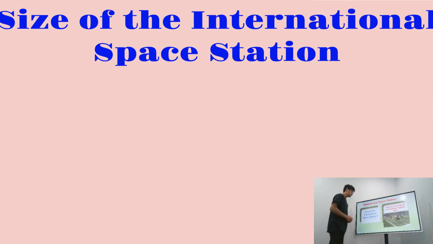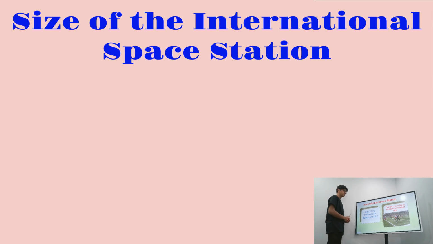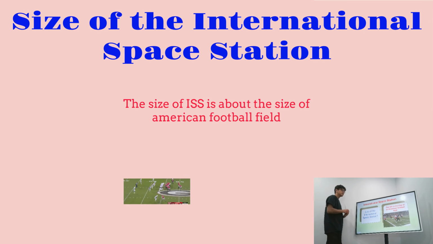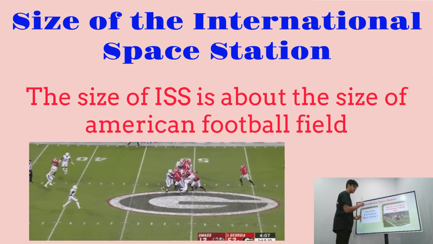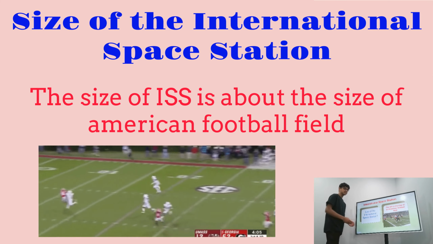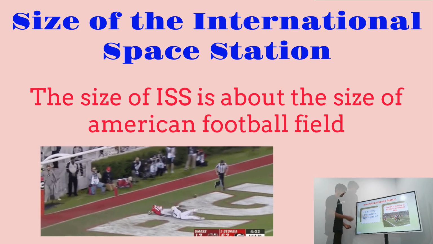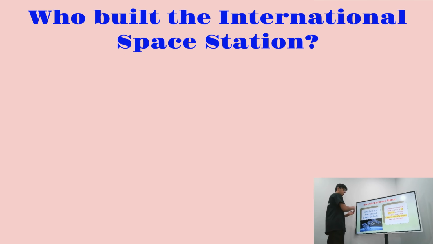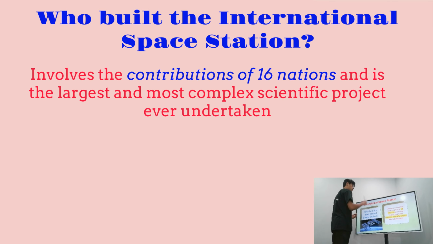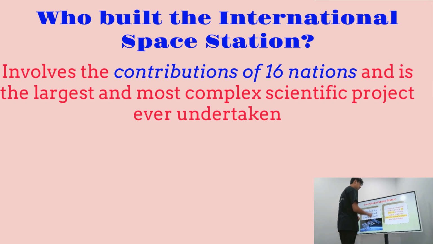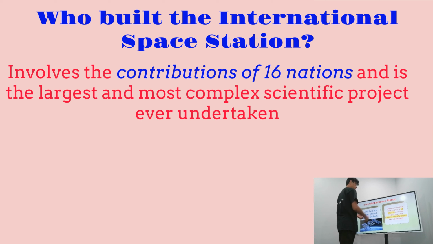So now let's cover the size of the International Space Station. The ISS is the size of an American football field, and we'll put a picture of that up on the screen right now. So that's how big the ISS is. And now let's cover who built the International Space Station. The ISS involves the contributions of 16 nations and is the largest and most complex scientific project ever undertaken.